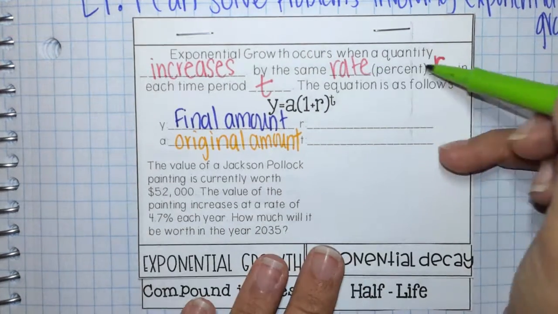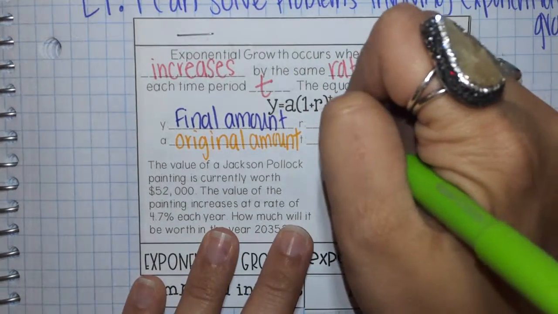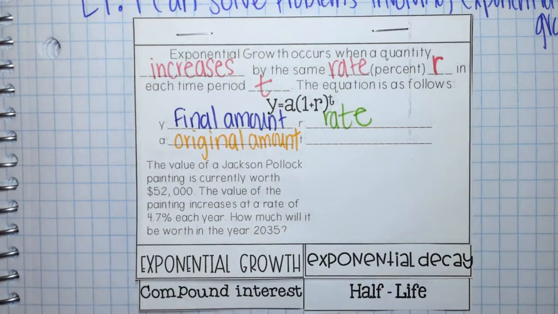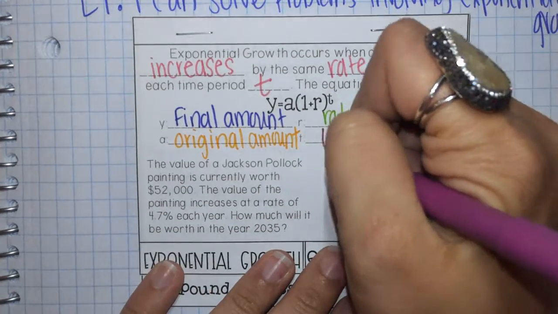Alright, what does the R stand for that it told us up here? Rate. Great. And what does T stand for? Time.